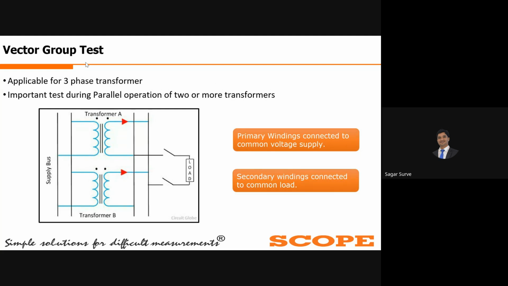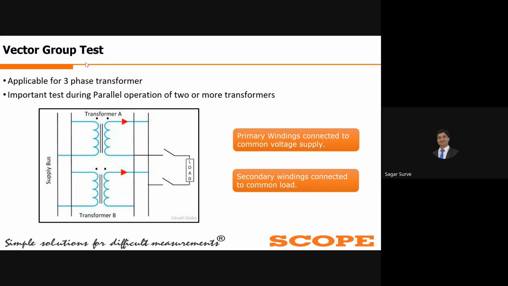Now, how are we conducting the test? It is applicable for the three-phase transformer. An important test during parallel operation: the primary winding is connected to the common voltage supply, and the secondary winding is connected to the common load. We can see in the picture that we have the HV side bus and the LV side bus. The HV side bus is connected with the supply and the LV side bus is connected with the load.